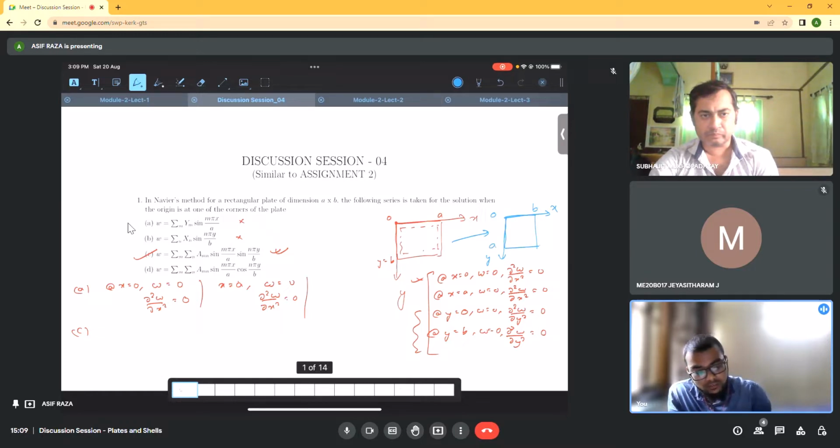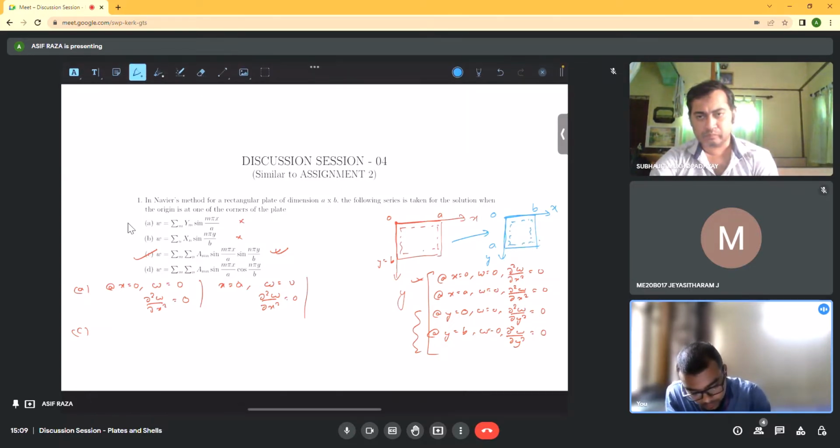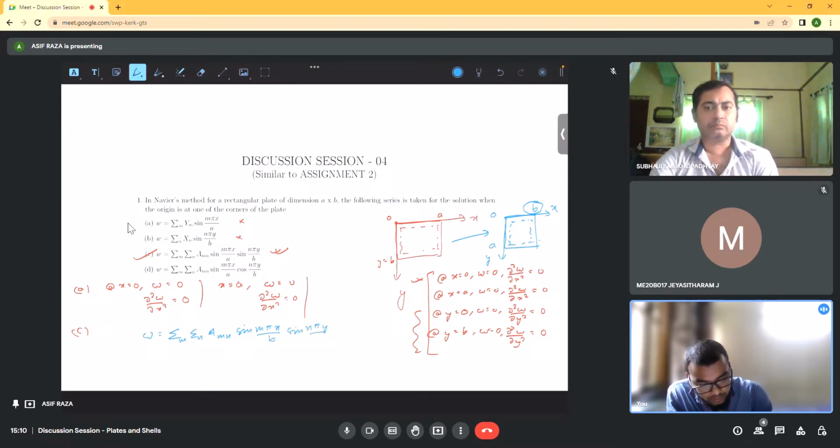Everything would be the same, and the boundary conditions are the same, except that w would become a_mn. Along the x direction, we are dependent on this b condition. So a_mn sin m pi x, here it will be b, and here it will be a.